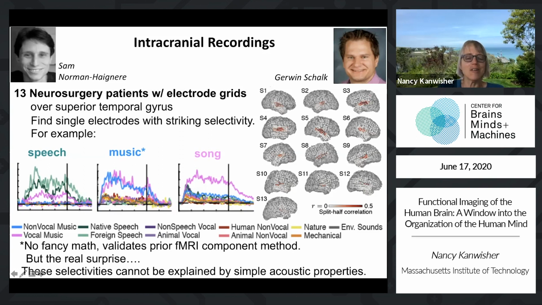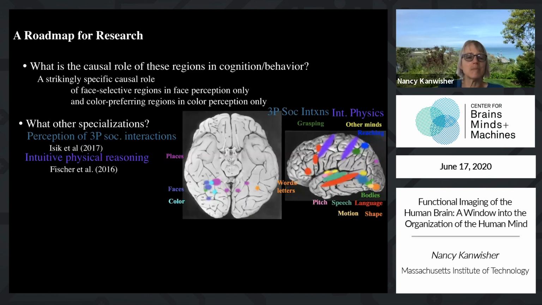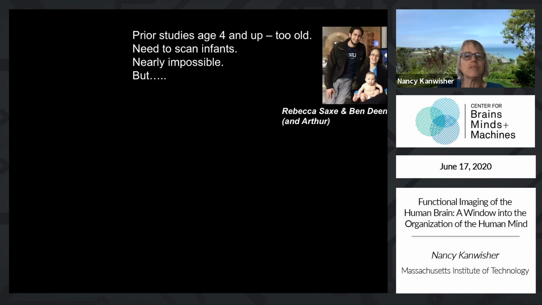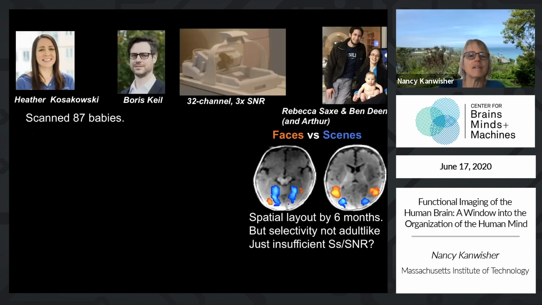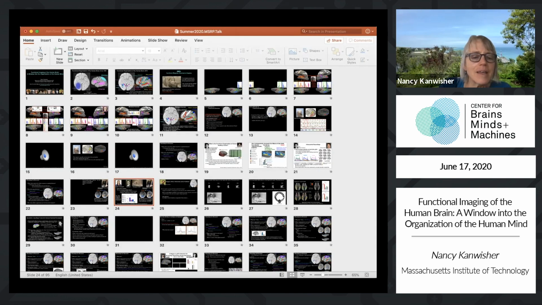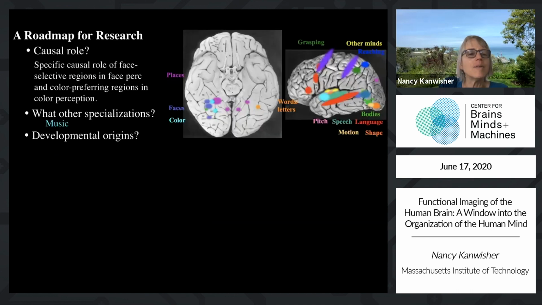Okay, so I am running out of time. So what I'm going to do is skip the whole second part of the talk and go to my last slide and say that we've argued that some of these regions are causally, specifically involved in different aspects of cognition. We're still discovering new bits like this music bit here.